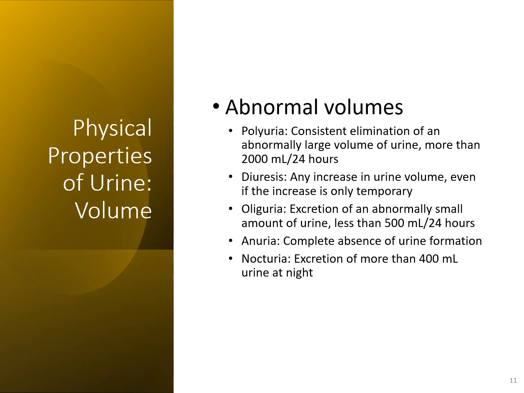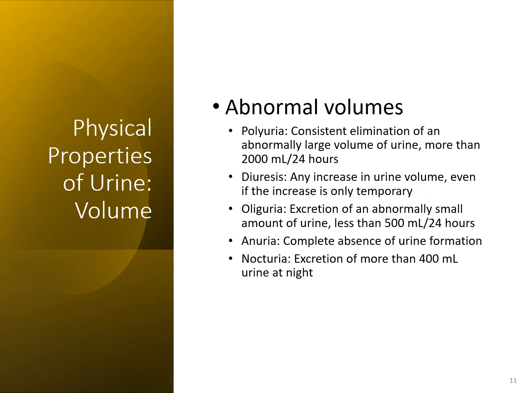Diuresis would be an increase in urine volume, even if it's just temporarily. Oliguria is excreting an abnormally small amount of urine, and this would be less than 500 mLs in a 24-hour period. So again, you would do a 24-hour urine collection and measure the volume.